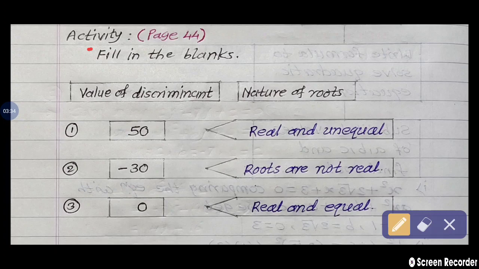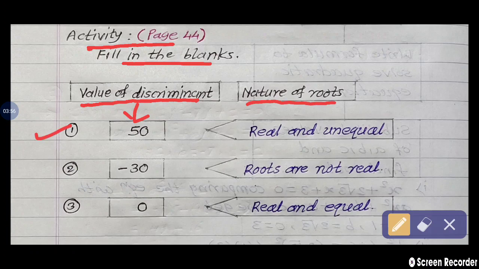Now see here. Activity, filling the blanks. In the first box the value of discriminant is given. Three different values are given here, and on the right hand side we decide the nature of roots. Now the first one.